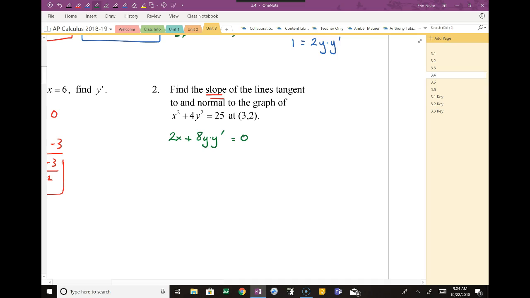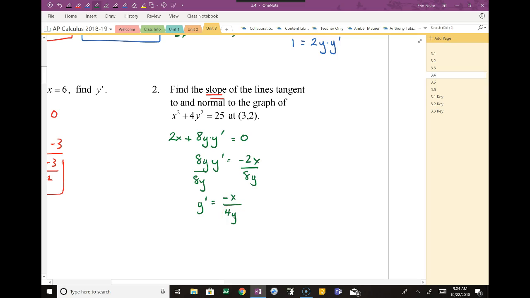So how would you solve for y prime? Good. So subtract 2x and divide by 8y. So y prime is, can I go ahead and say that 2 over 8 is going to reduce to 1/4? Everybody okay with what I did there?